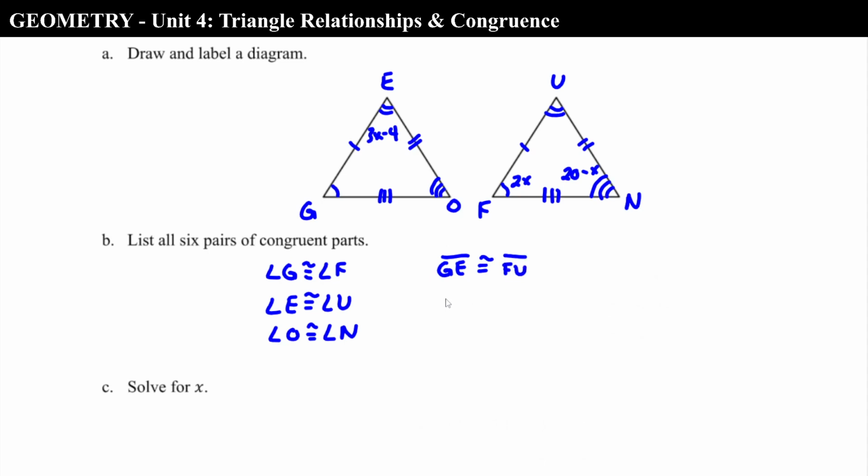We also have EO is congruent to UN, and we have OG is congruent to NF.